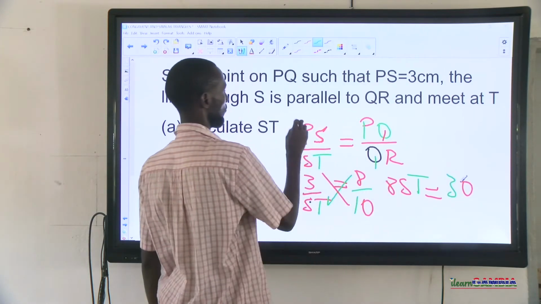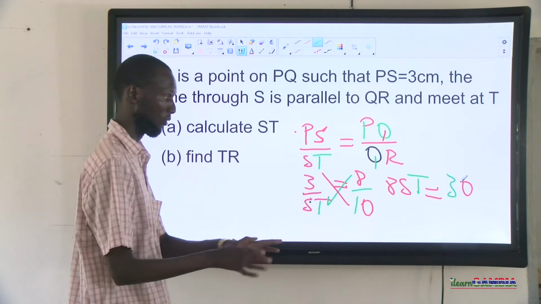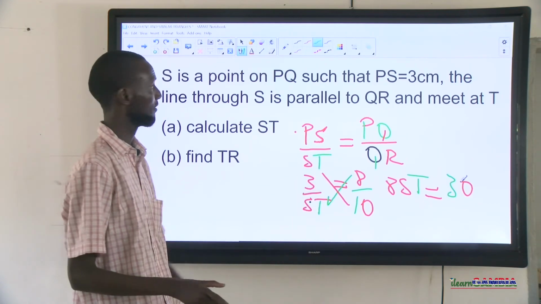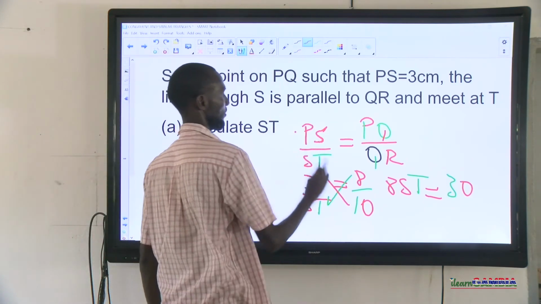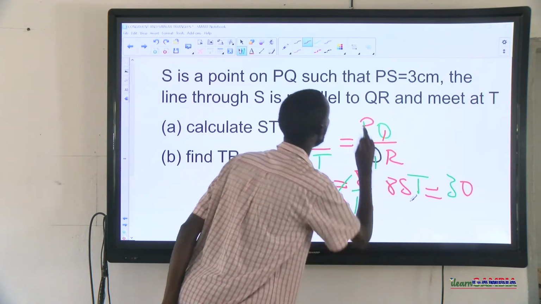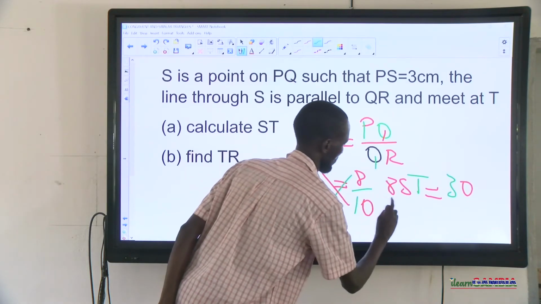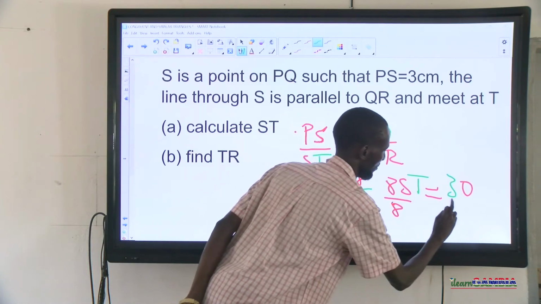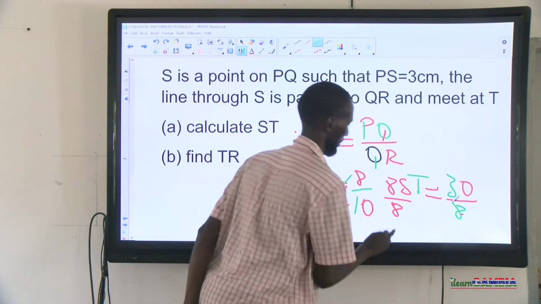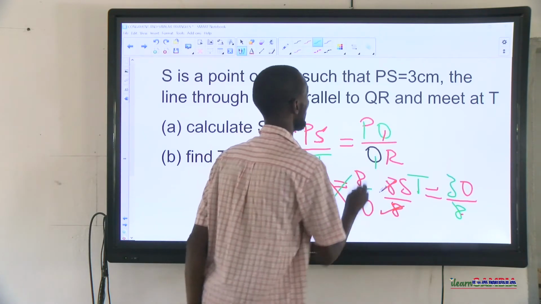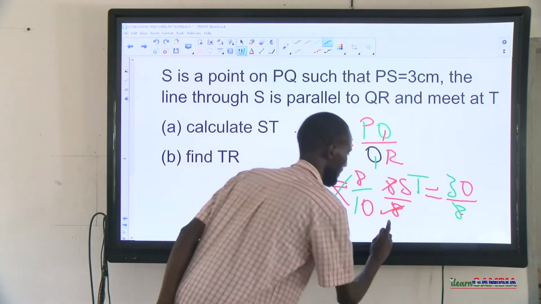And then to find ST, we can easily undo the 8 by dividing both sides by 8. That will give us over 8 here. 8 cancels out 8, and then you have your ST.